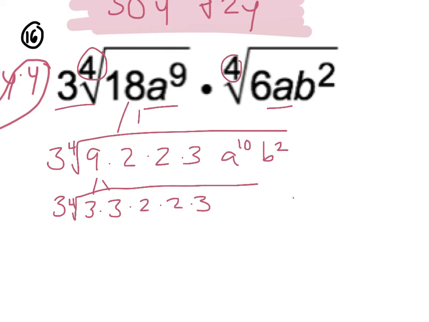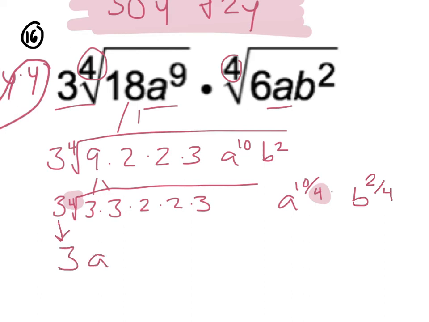So I'm going to write, again, instead of writing 10 a's out, I'm going to do a to the 10 over our index, which is 4. So since our index is 4, the 4 goes on the bottom of the fraction there. And then I can write the b 2 over 4. 4 goes into 10 twice with 2 left over. So we already have a 3 on the outside.